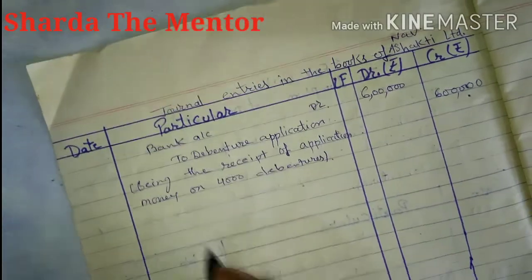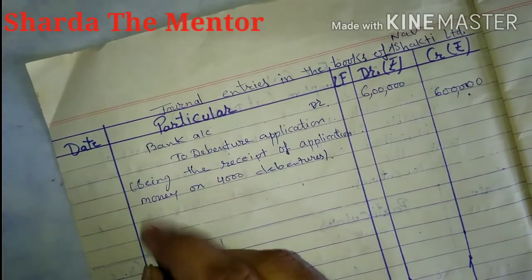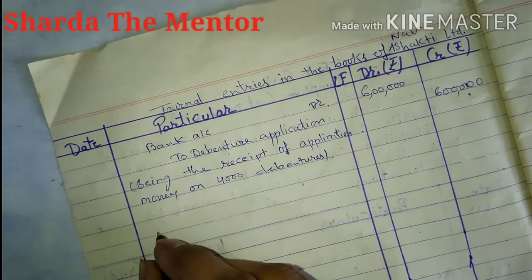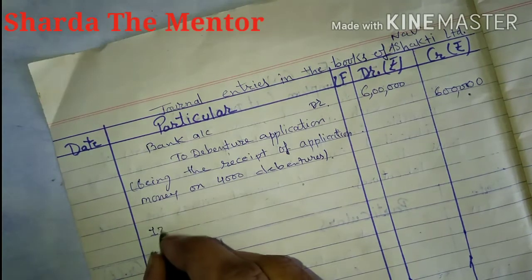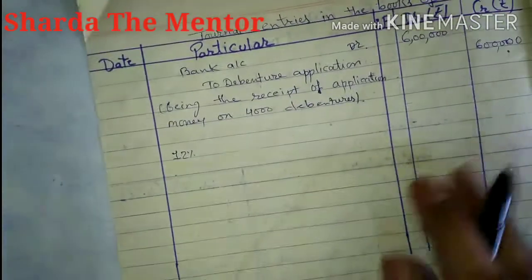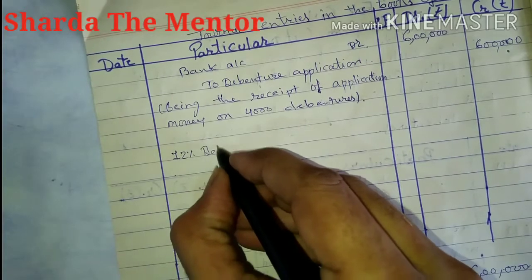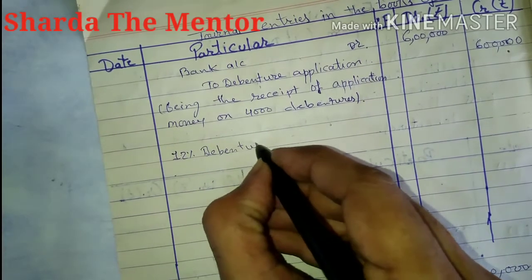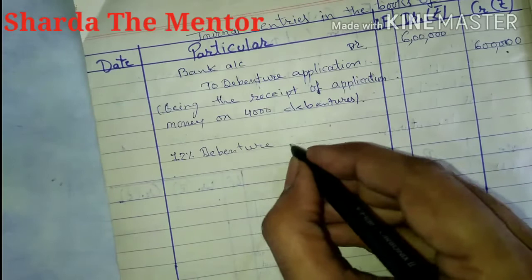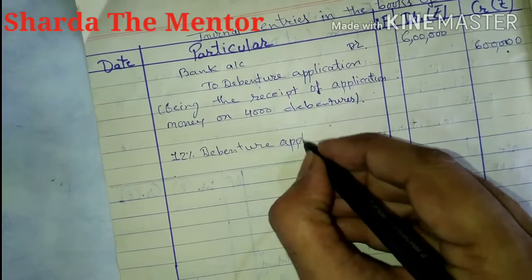Now the second entry: the debenture amount we have to transfer to the debenture account. So 12% debenture application and allotment account debit, you can write it in short form.